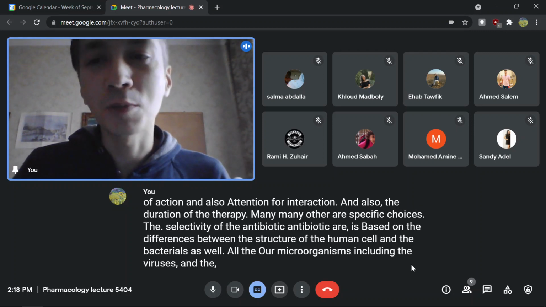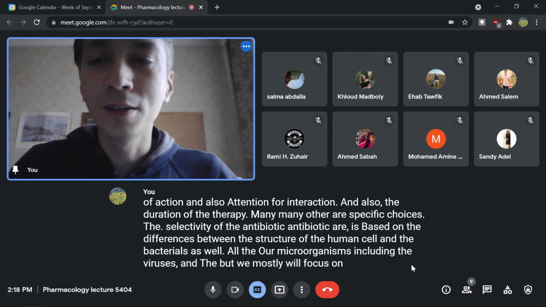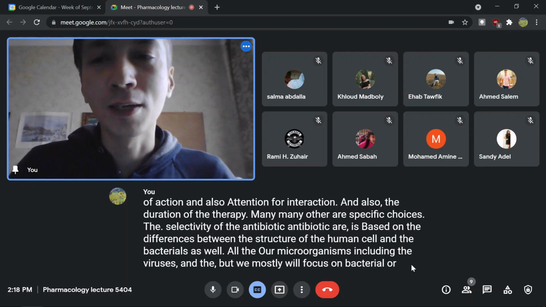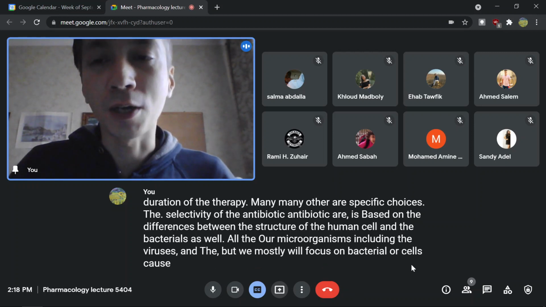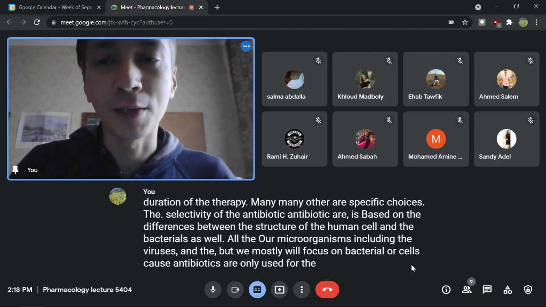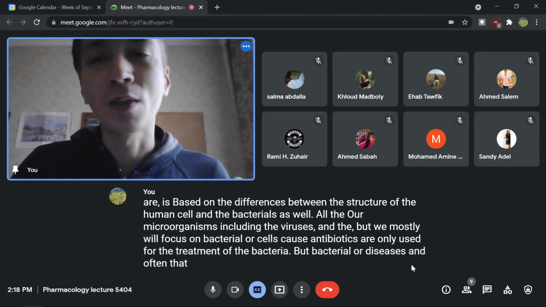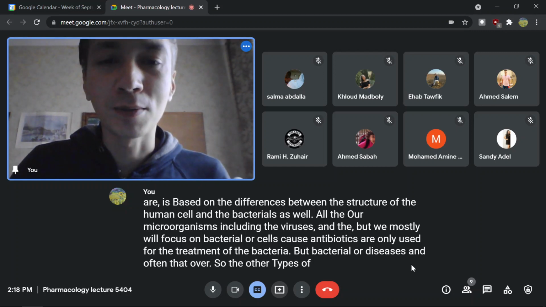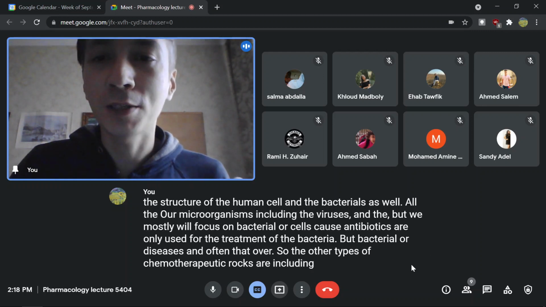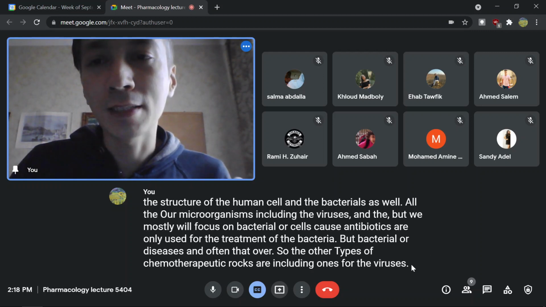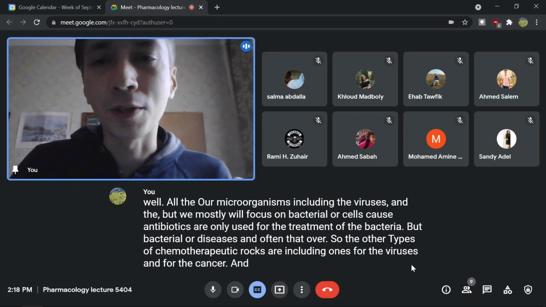But we mostly will focus on bacterial cells, because antibiotics are only used for the treatment of bacterial diseases, and after that we will also learn the other types of chemotherapeutic drugs, including ones for the viruses, for the cancer, and for other diseases.